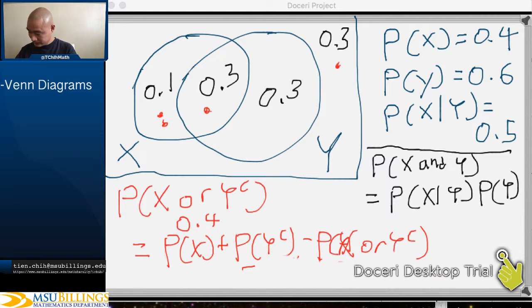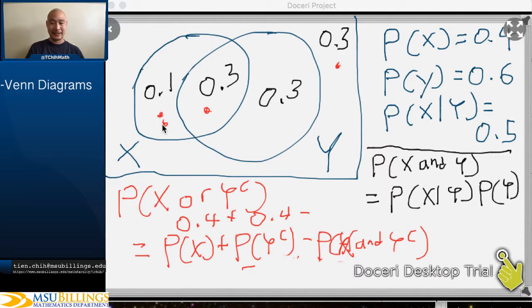So 0.4 plus 0.4 minus... and what's X or Y complement? Well, this is X, and this is Y. Y complement is the stuff outside of Y. And so X and Y complement is just this piece here, right?